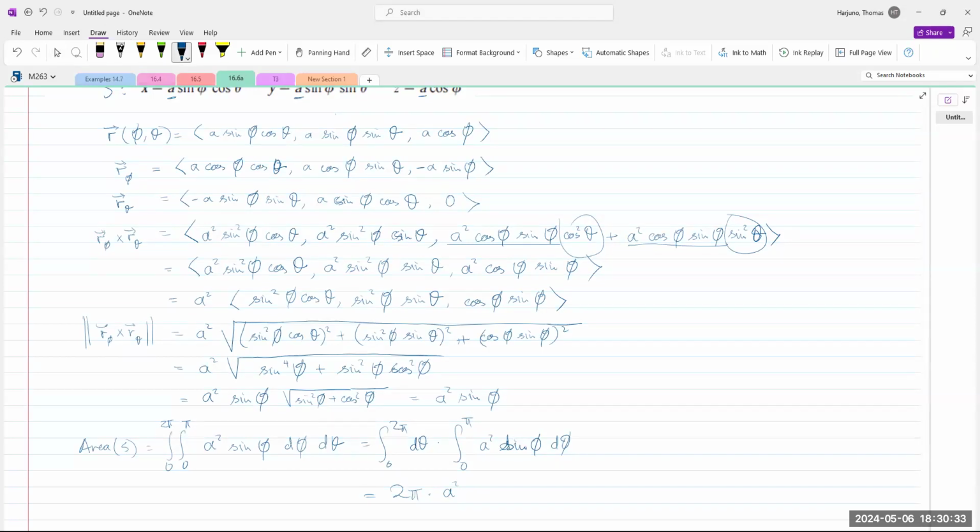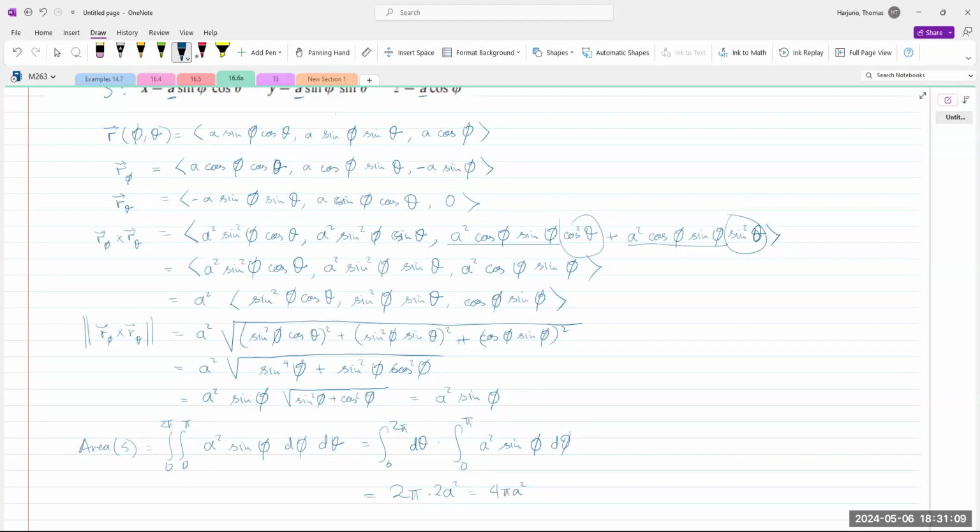Duh, I forgot the 2. The integral from 0 to pi over 2 of sine x dx is 1, so that's the area in the first quadrant. The area in the second quadrant is also 1. So that's supposed to be 2a squared instead of just a squared. That gives us 4 pi a squared.